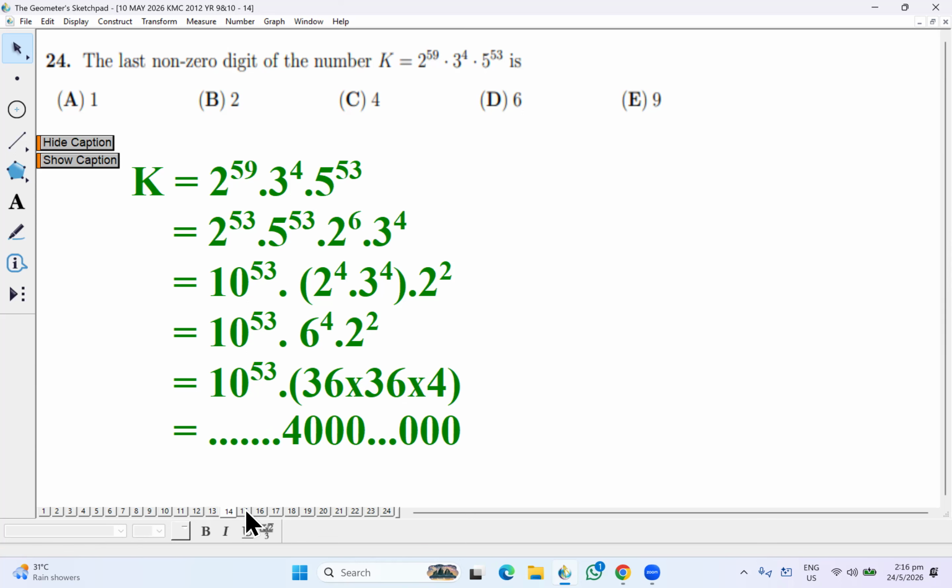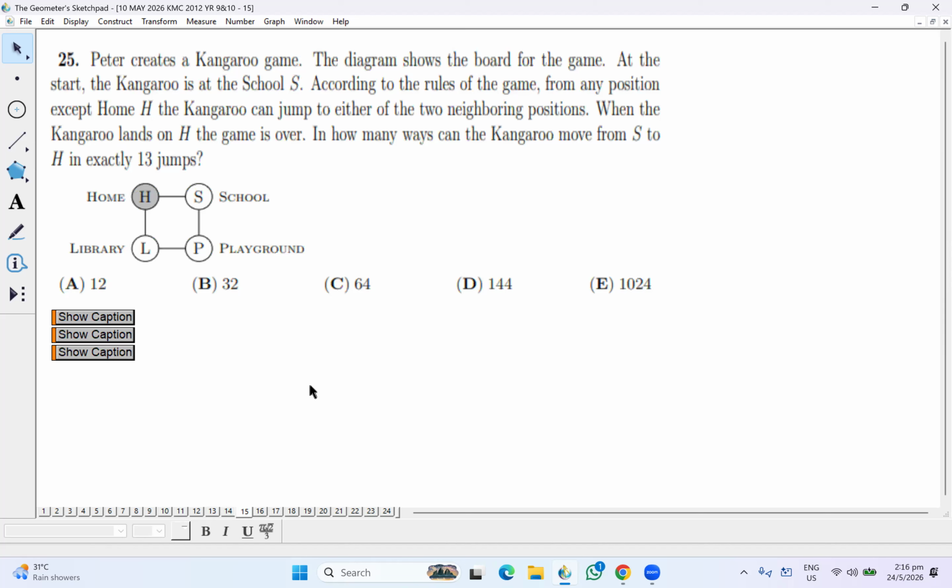Next question. Peter creates a kangaroo game. The diagram shows the board for the game. At the start, the kangaroo is at school S. According to the rules of the game, from any position except home, the kangaroo can jump to either of the 2 neighboring positions.